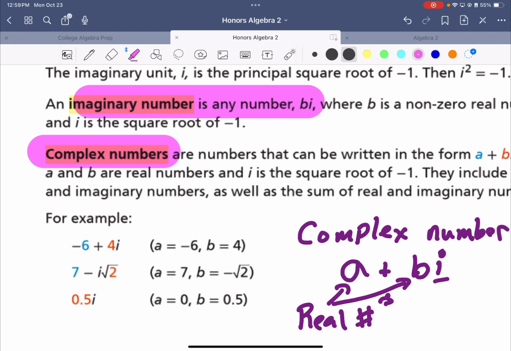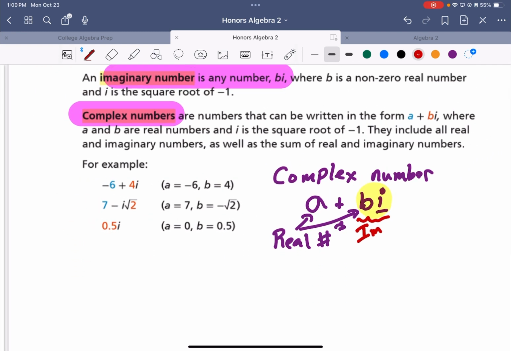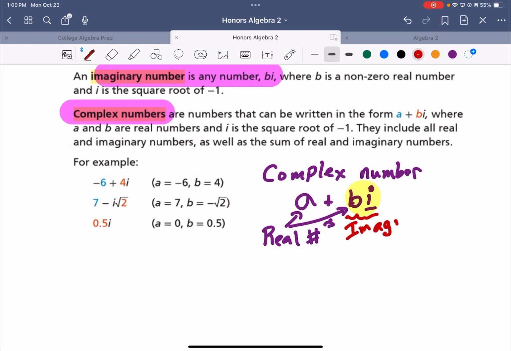The b part of it has to be a real number, but the whole thing, bi, is really just an imaginary number. So it's got a real number part and an imaginary part. And when we rewrite complex numbers, it always needs to be the real followed by the imaginary.